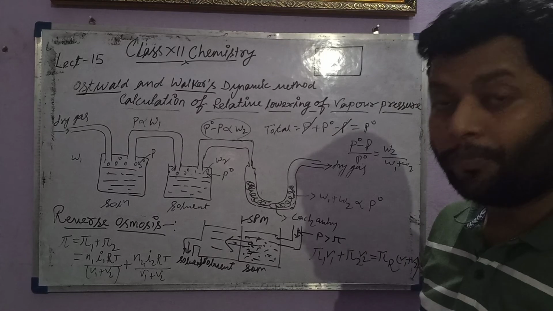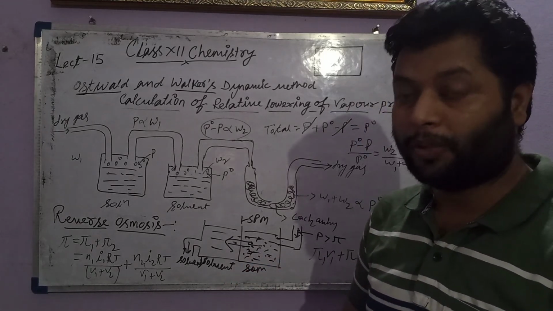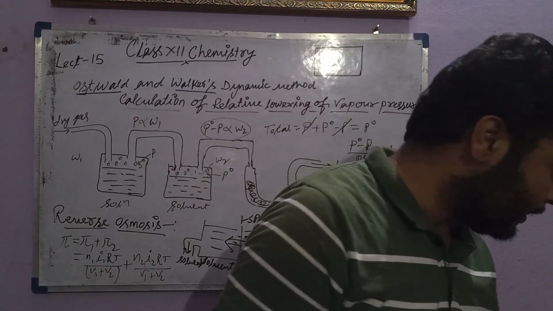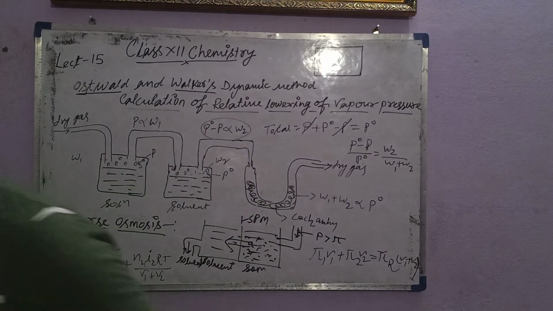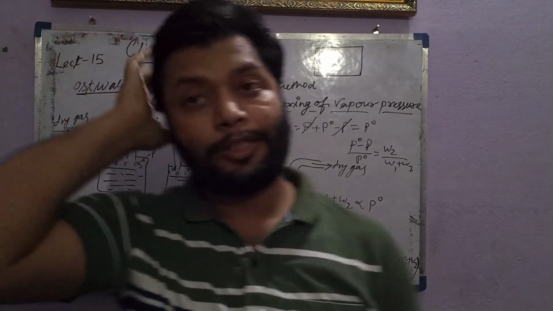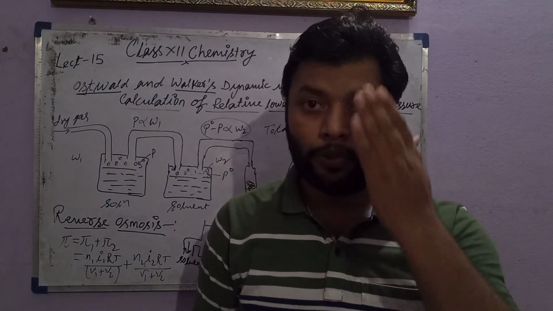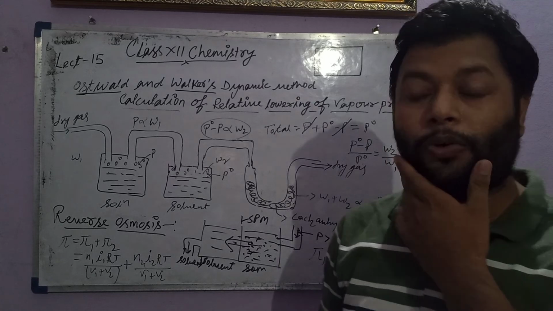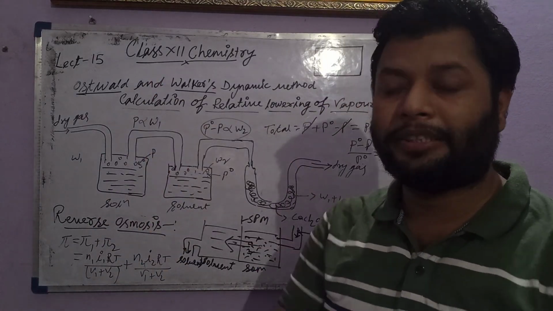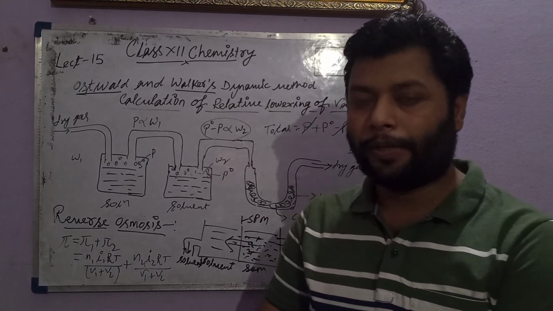That can be calculated for a mixture of two solutions. So students, this is all about osmotic pressure, reverse osmosis and the Ostwald-Walker method. We will explain the last topic of this chapter, abnormal molar mass of solute and Van't Hoff factor correction in colligative properties, in the next lecture, number 16, totally dedicated to the Van't Hoff factor. Okay, thank you.